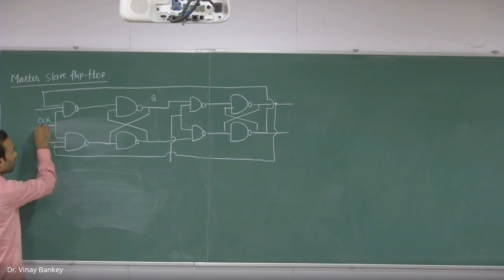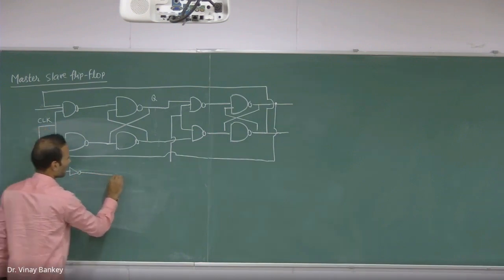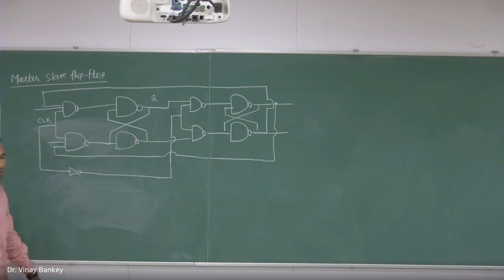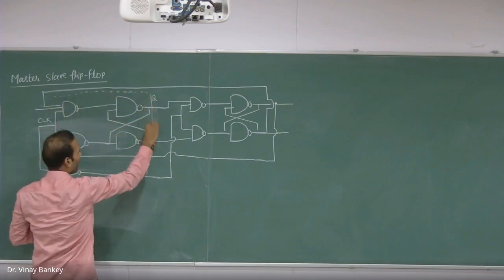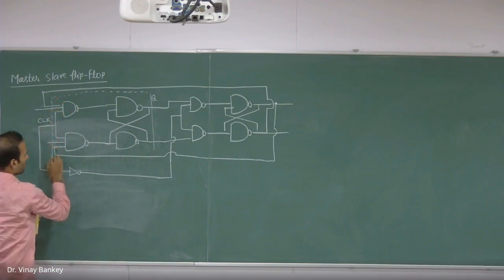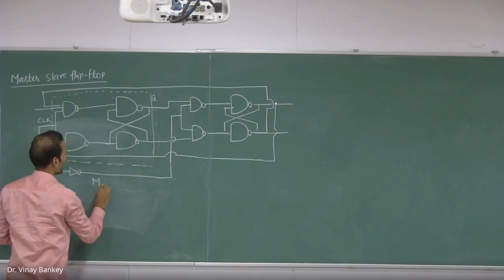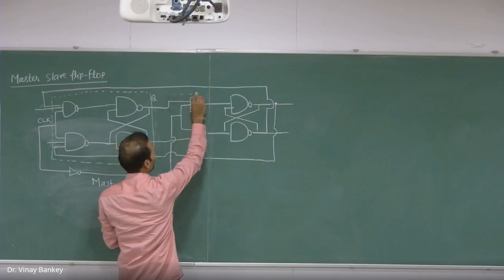Now see how the clock pulse is connected. The clock pulse is connected in this manner. You will put a NOT gate here to activate the second one. Now see this part, I will call this the master. This is my master circuit. And this is my slave circuit.